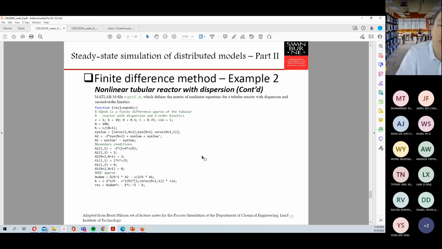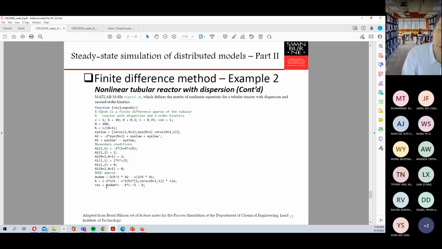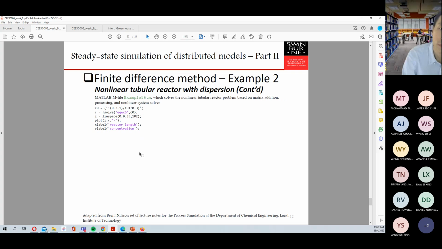Now, you have to use nonlinear equations here because you have that term that makes it nonlinear. So this is what you did. You just define the matrix, then you solve using fsolve to get the value of C that will make this residual equal to 0.